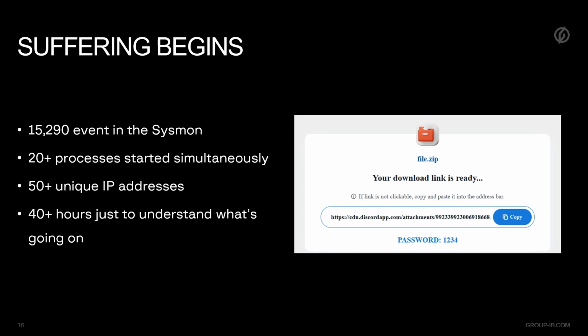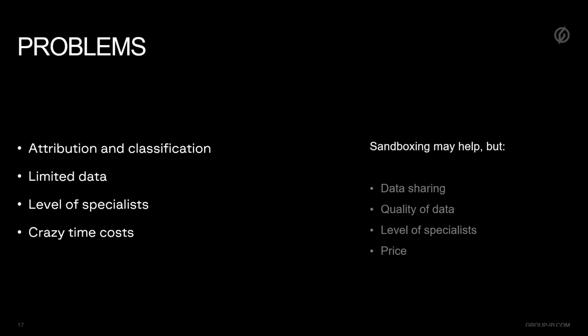In this situation, since it was my experiment, I actually tried to put this file also to our platform just to compare, because in this case obviously I had quite a lot of problems. The problems were, first of all, attribution and classification, because for different files there were no unique strings, no unique command lines or byte sequences.